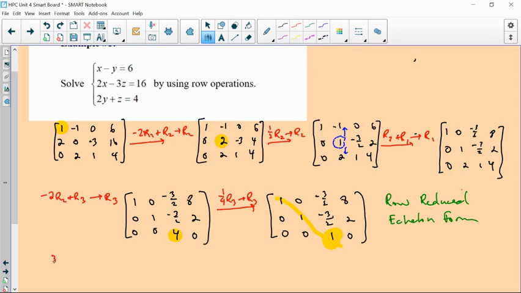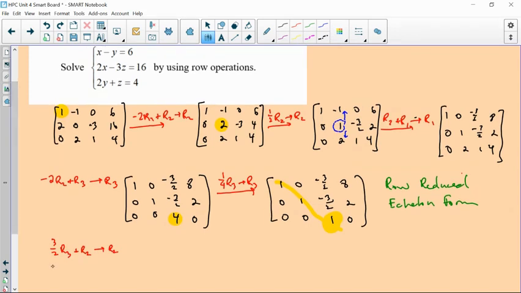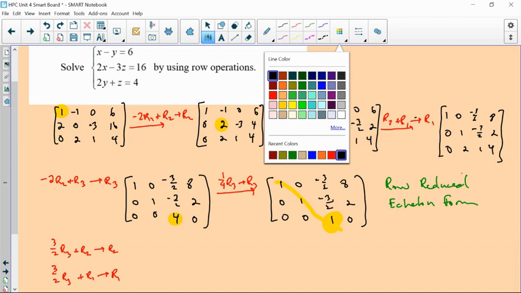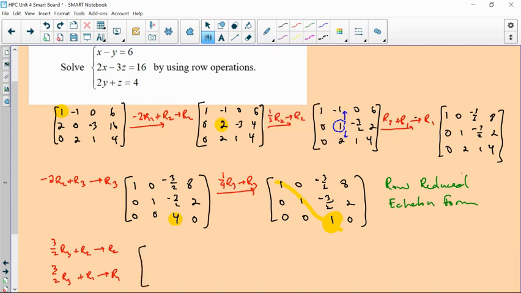I'm going to do 3 halves row 3, add it to row 2, and leave it in row 2. And I might as well do 3 halves row 3, add it to row 1, and put it into row 1, since both 1 and 2 are independent of each other in this row operation. So row 3 is the only one that's not changing.